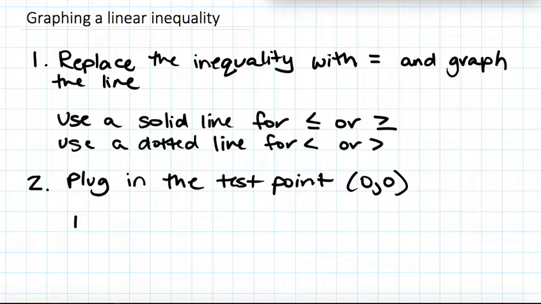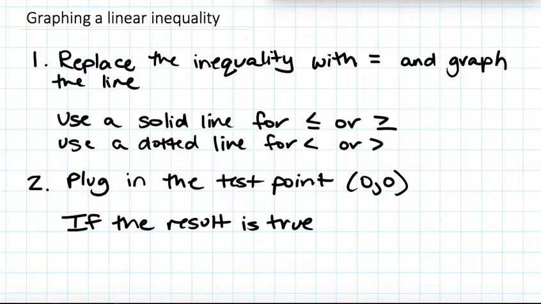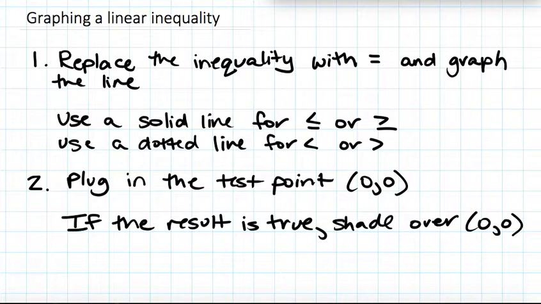So after you plug in the test point 0, 0, you look at the resulting inequality, and if it is true, then you shade over the point 0, 0, because that means that it is included. So you shade the side that includes the point 0, 0.